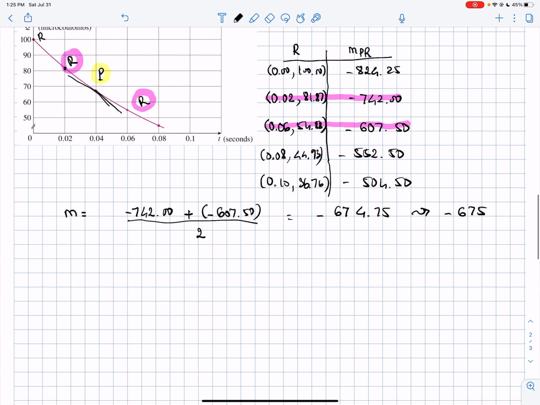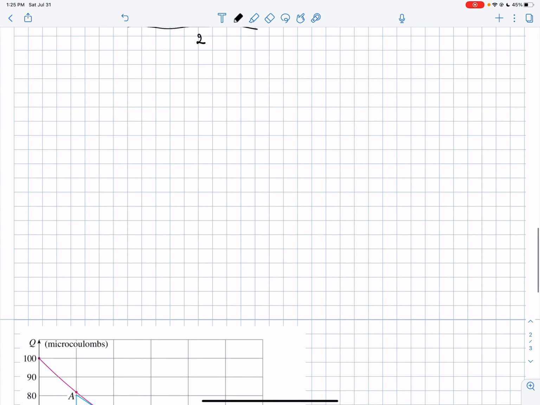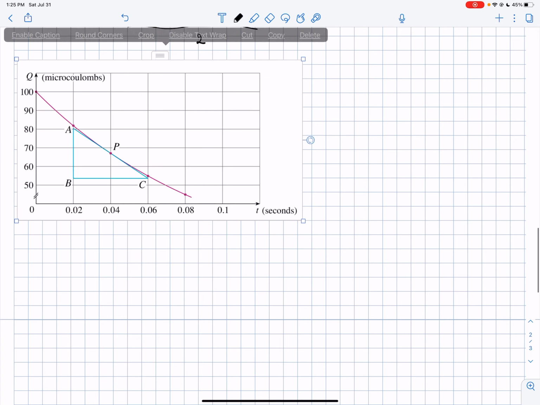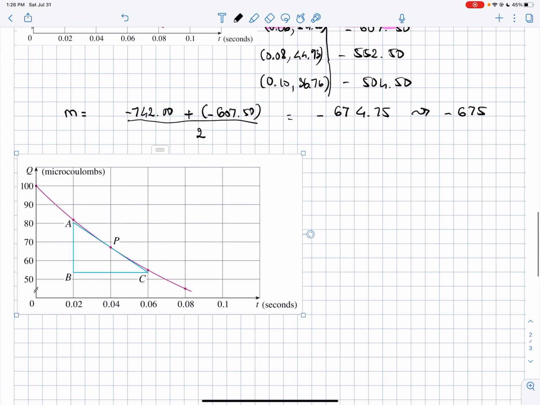There's another way that we can estimate the slope of the tangent line. So we look at the graph below, and from the point P, I draw a triangle ABC. We look at this triangle and calculate the slope of the tangent line. The slope of the tangent line is the change of y over the change of x.